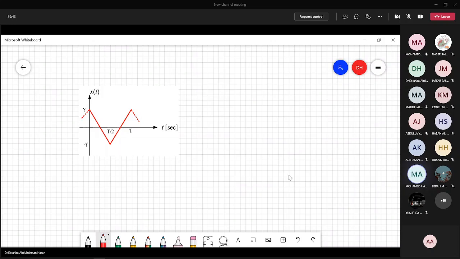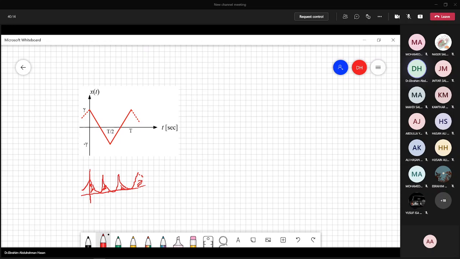Power signal, because if you square it, as we said, you get something like this. The total area under the curve is equal to infinity. So energy is equal to infinity.